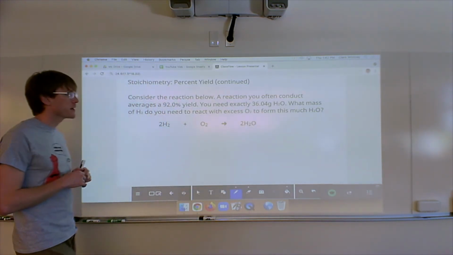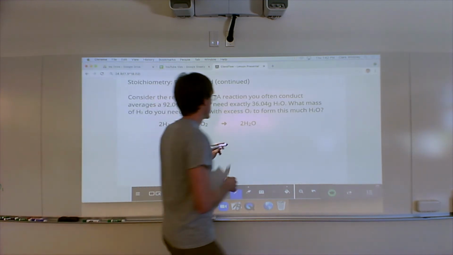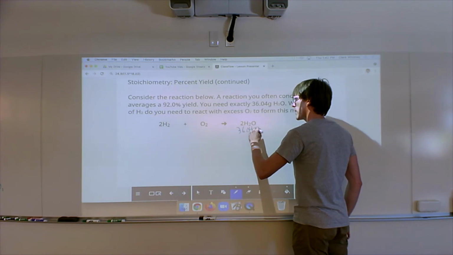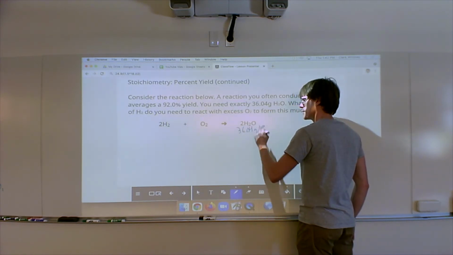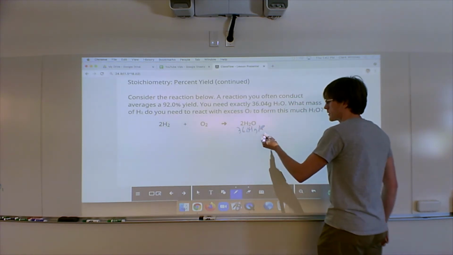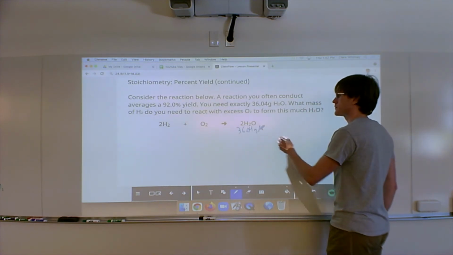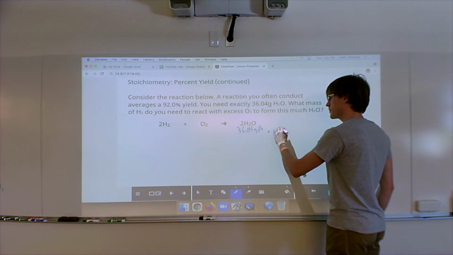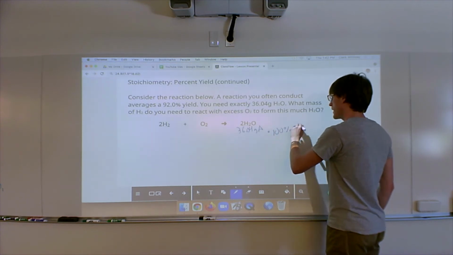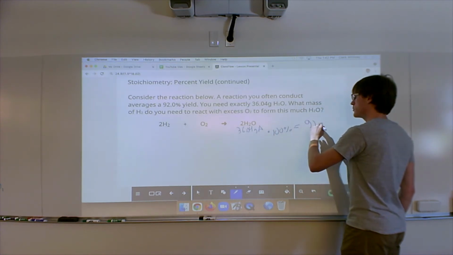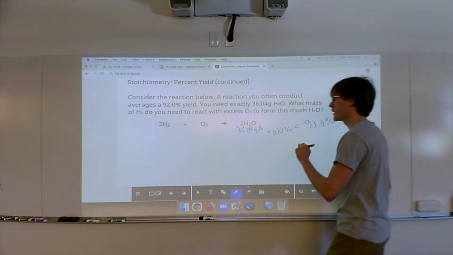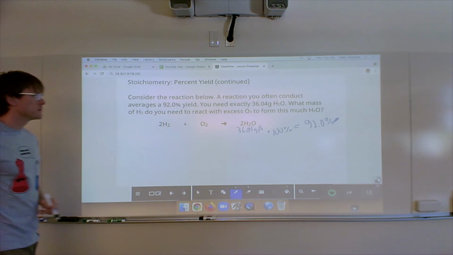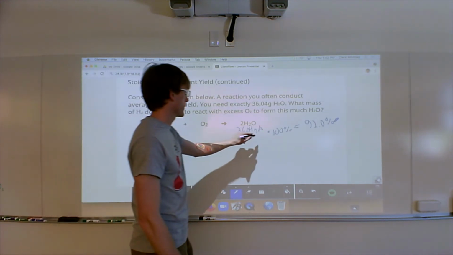So in this case, our 36.04 grams is our actual yield. And we multiply this by 100% and get 92.0%. We have a theoretical yield not given to us.